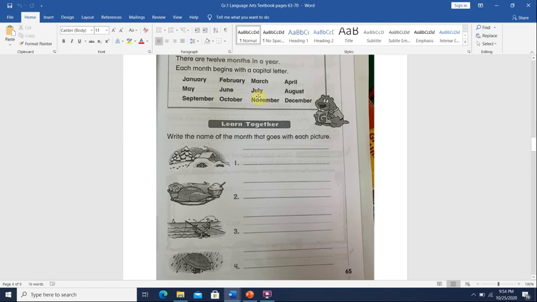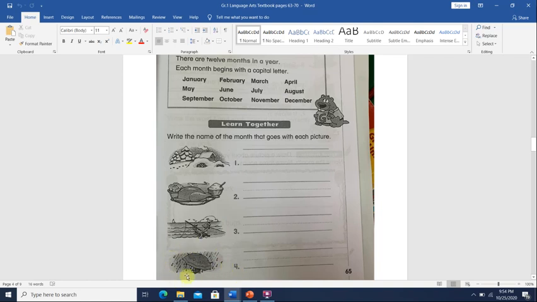But I think July or August would be very hot and people usually go to the beach. So for number 3, you can either write July or August because it's very hot in these 2 months and people usually go to the beach. So if you will write July, you must begin with capital J, and if you will write August, you must begin with capital A.